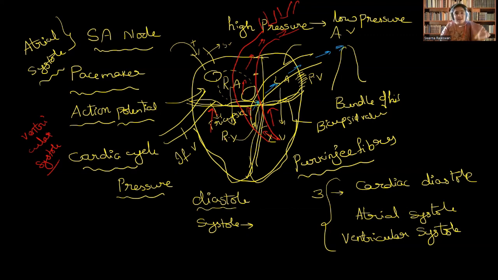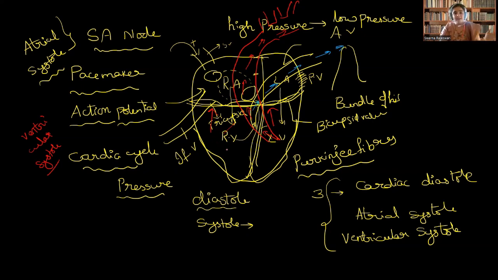So now the blood has to flow into the pulmonary artery as well as the aorta. Otherwise, the blood may flow in the reverse direction again into the auricles. So immediately the tricuspid as well as bicuspid valves are closing so that the blood will not flow into the auricles. There is only one way to run outside.